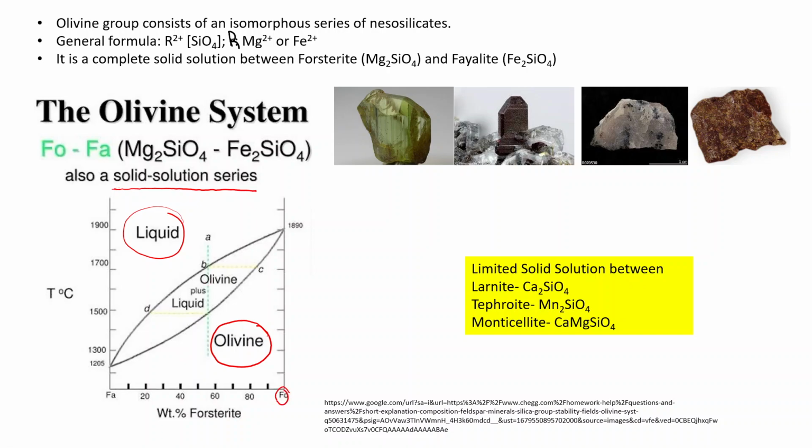And forsterite forms first, while fayalite is formed later. This question has been asked several times in the past, that why Mg bearing olivine or forsterite forms earlier than the Fe bearing olivine or fayalite. So we will discuss this question as well in the coming slides.